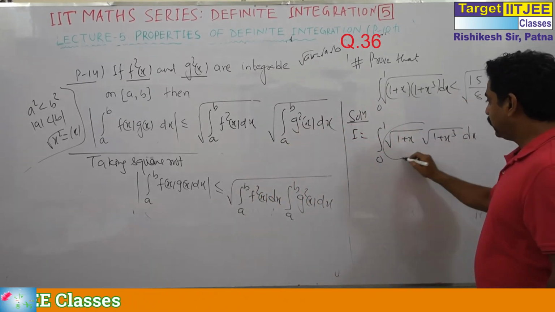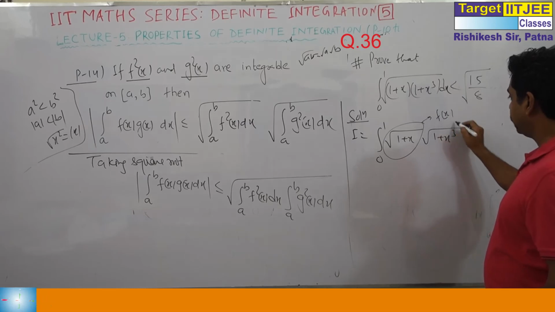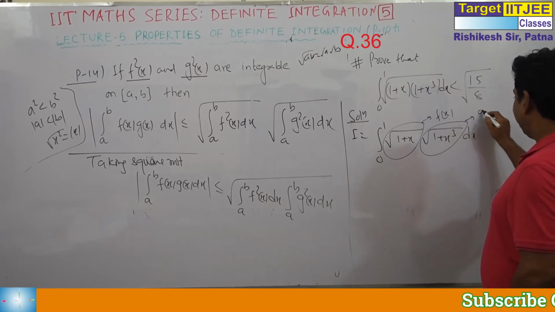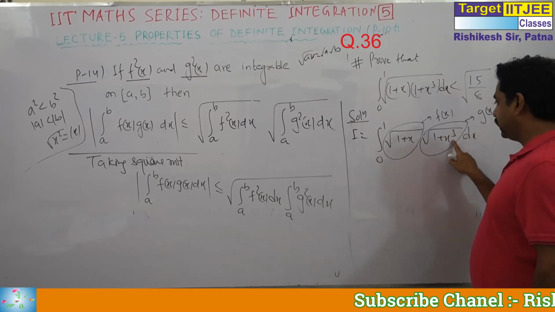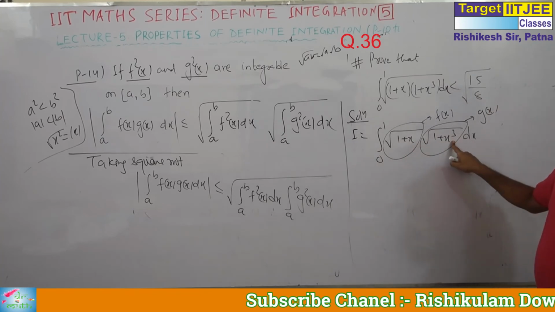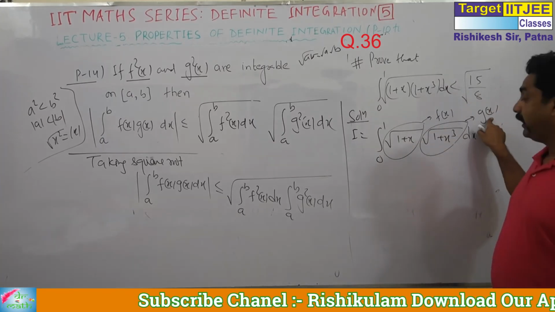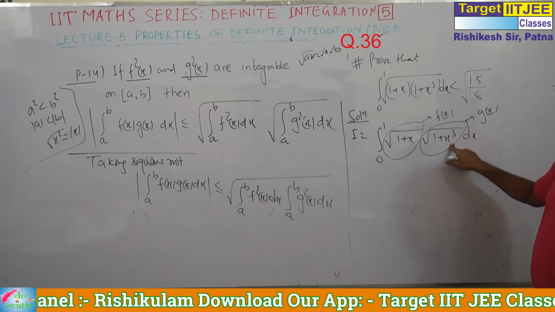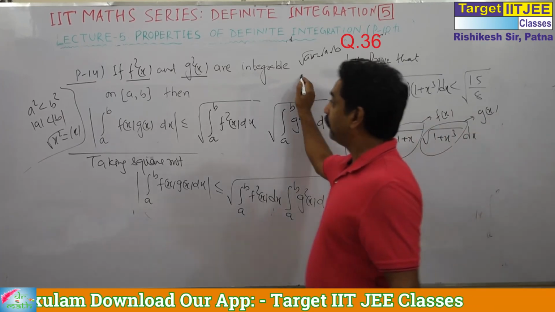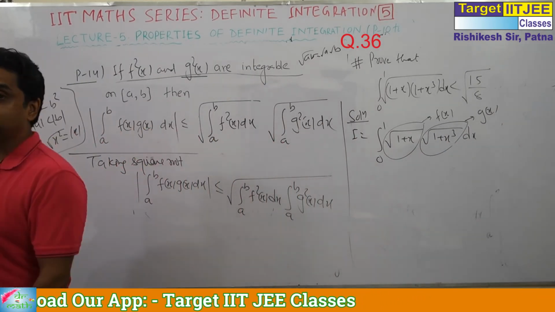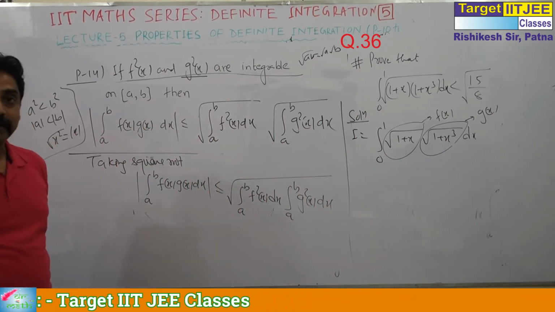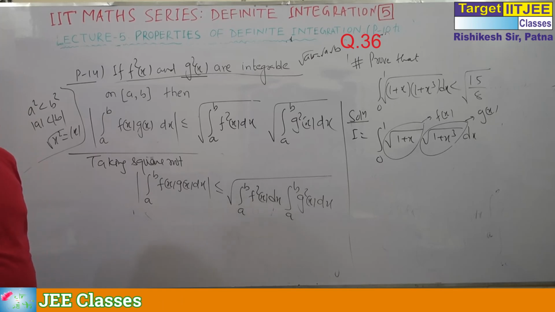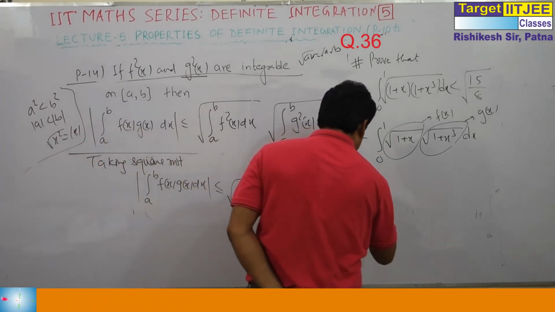See, this one is f(x) and this one is g(x). f(x) is integrable but g(x) is not integrable, and the squares of both are integrable. Both f square x and g square x are integrable. So it will be less than what?